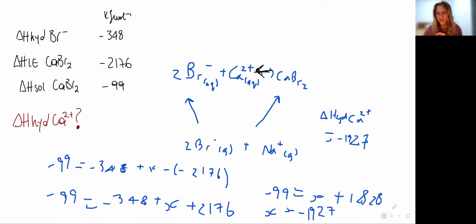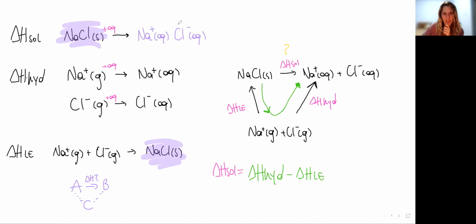And this links back to the first equation that I wrote here. Do you remember that instead of this, I wrote it as sodium chloride aqueous? So this gives us an idea of what is linked between the solution, the lattice enthalpy and the hydration, if that makes sense. I mean, I can visualize it. I don't know if you can too.